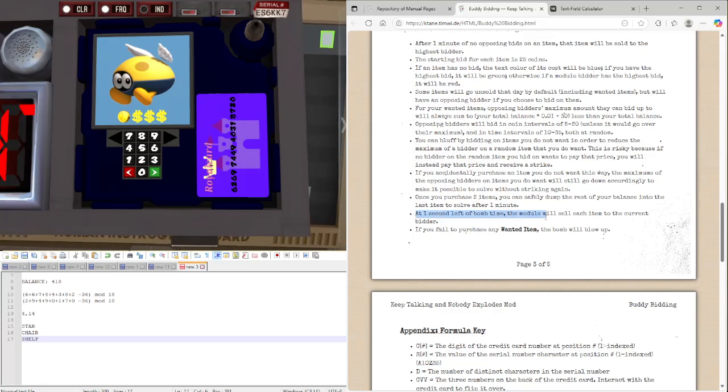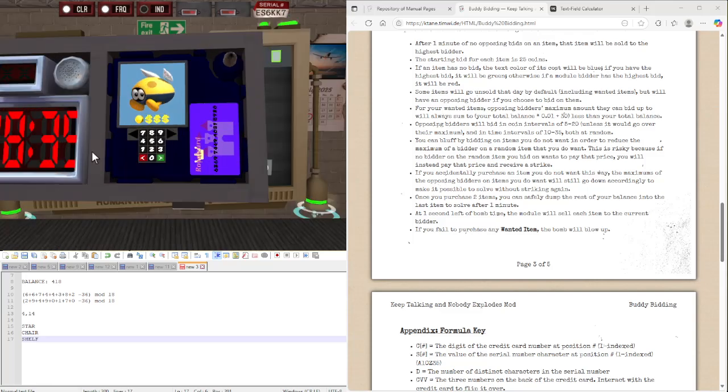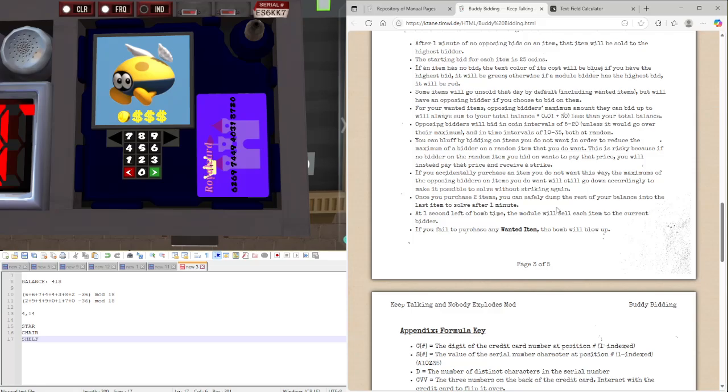And once again, when the bomb time runs out, the module will sell each item to the current bidder. If the bomb got down to 1 second, it will sell everything at that very moment, to not make the module impossible to solve if you could not get enough time left. If you purchase any unwanted item, the bomb will blow up.